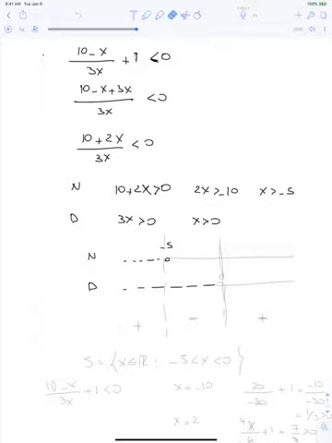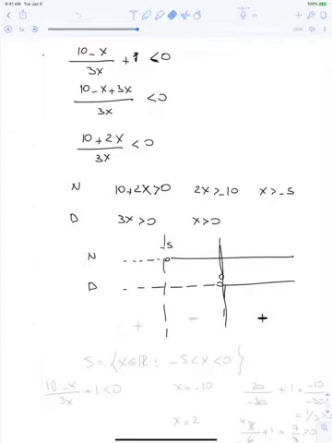Now, we're looking at intervals where the sign is different, because we want to know where this expression here is negative. So above 0, this is going to be positive.